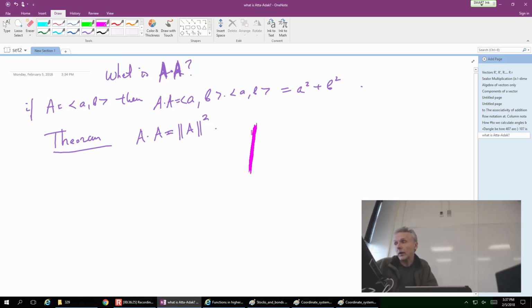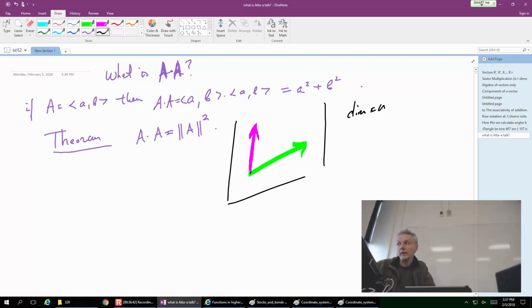Suppose you have two vectors. Are they in dimension 2, dimension 3, or higher? You don't know. The whole space could be n-dimensional, but since the two vectors only determine a plane, everything is still applicable in the exact same way.